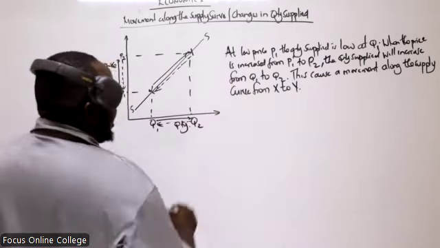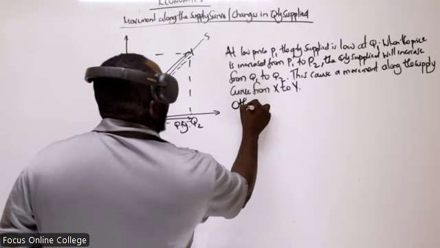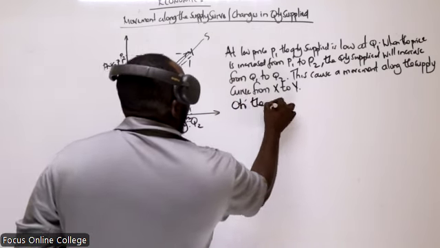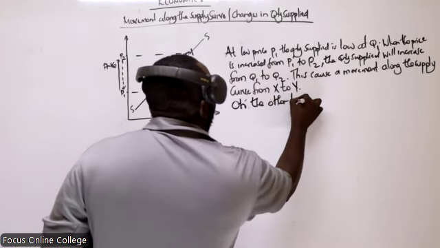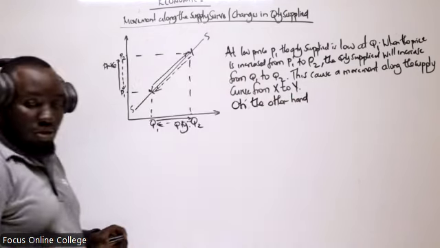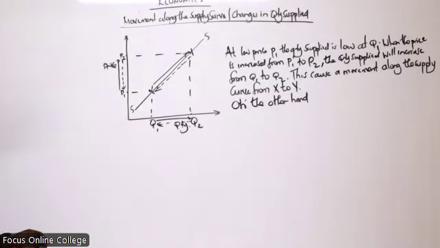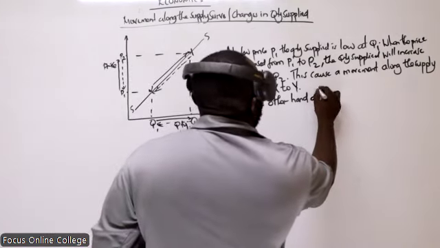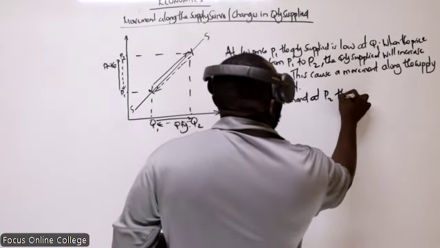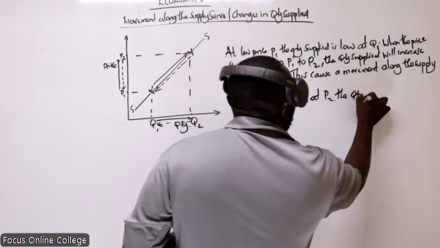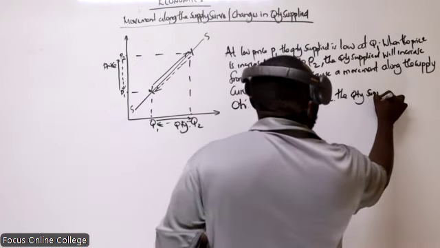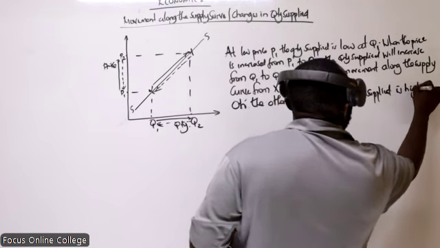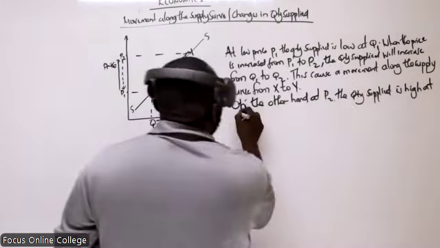Then on the other hand, at P2, we say that the quantity supplied is high at Q2.